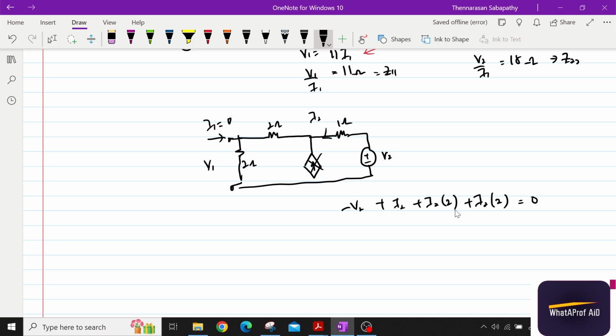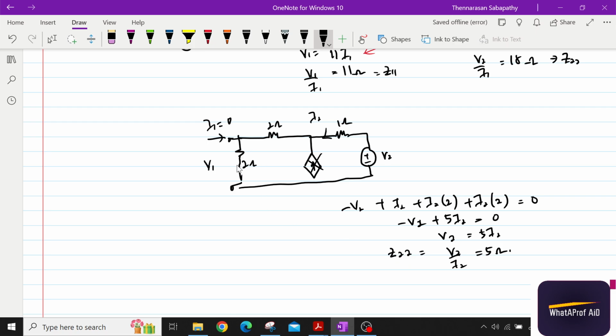So altogether you have negative V2 plus 5 I2 equals 0. So V2 equals to 5 I2, V2 over I2 equals to 5 ohm. This is done for the case of Z22.